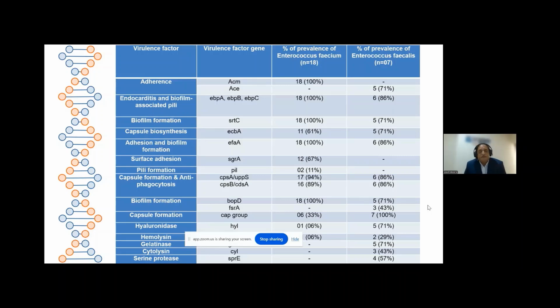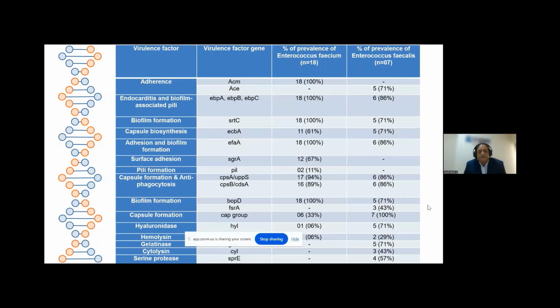Biofilm formation genes like SrtC were found in all Enterococcus faecium, but in 5 out of 7 Enterococcus faecalis. A capsule biosynthesis gene like ECBA was found in 11 out of 18 faecium and 5 out of 7 faecalis.